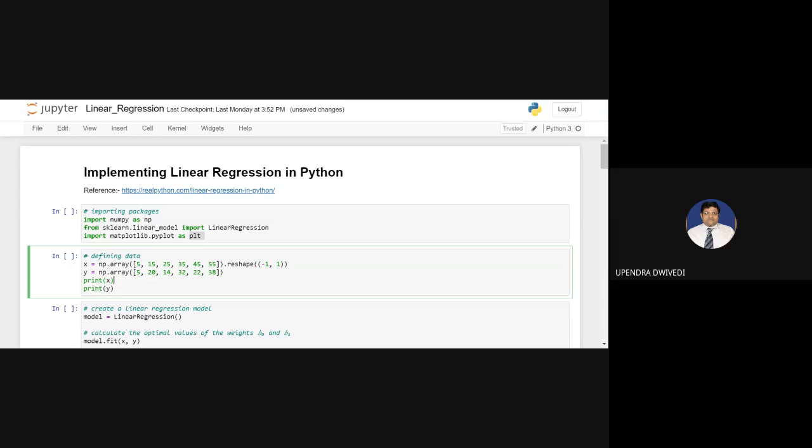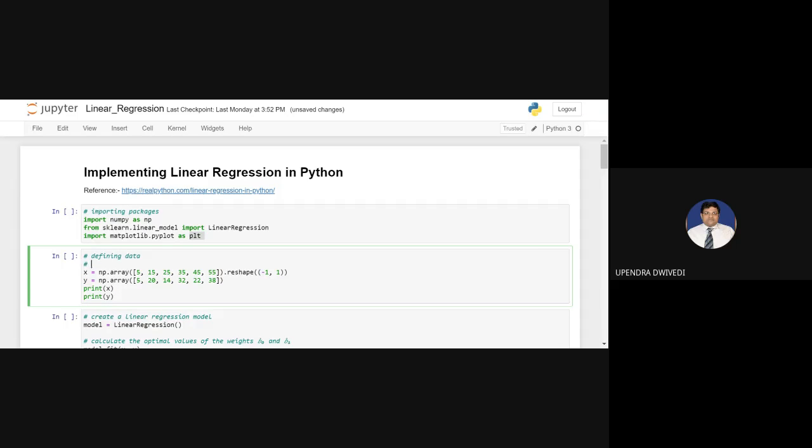Now we have taken an example. Let me clarify here. Our given data points are 5 comma 5. Then our next data point is 15 comma 20.